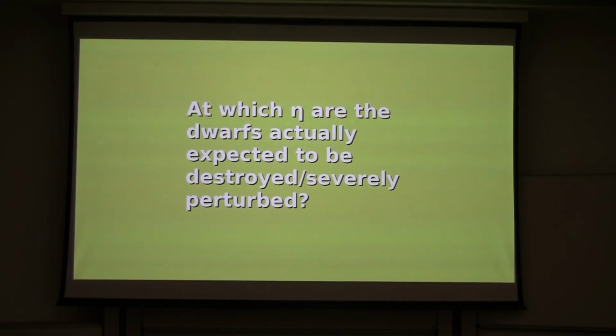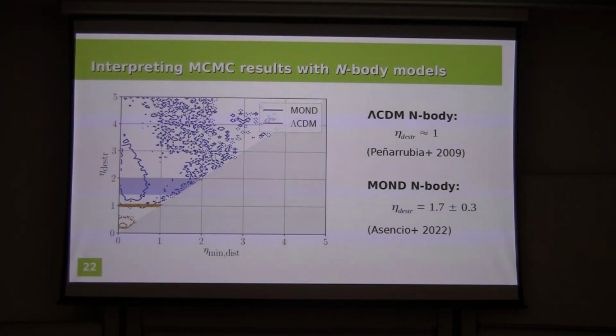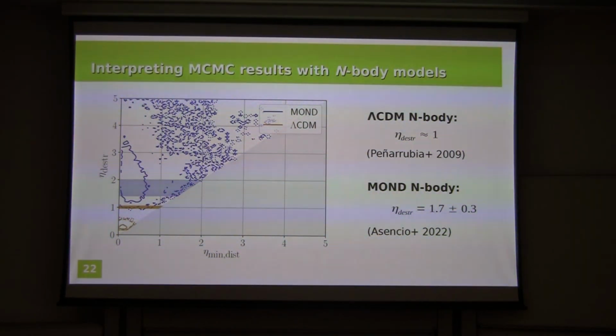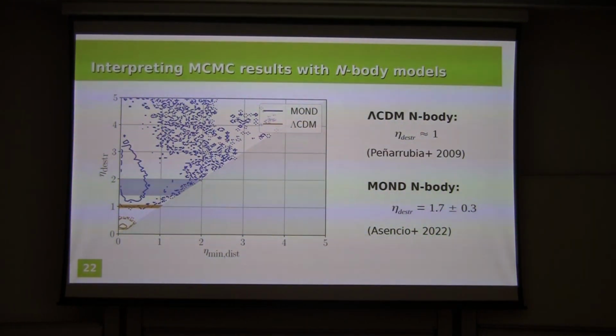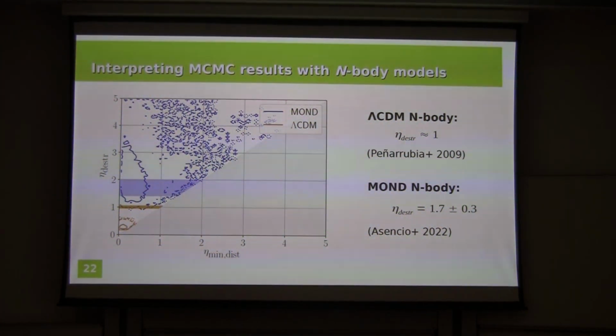So what we do to answer that question is we used n-body simulations. In the case of Lambda CDM, we just used the results from Peñarrubia 2009. And the n-body simulations said that dwarfs in Lambda CDM should get destroyed at eta about 1.